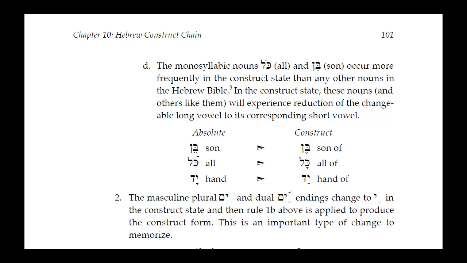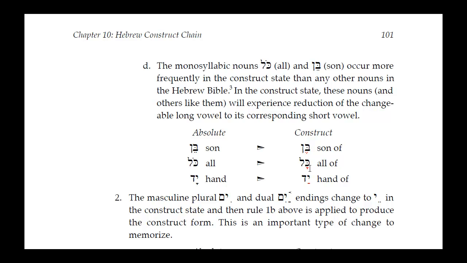Kol, here in the absolute, the holam reduces to a qamets chatuf here, which is a short o.